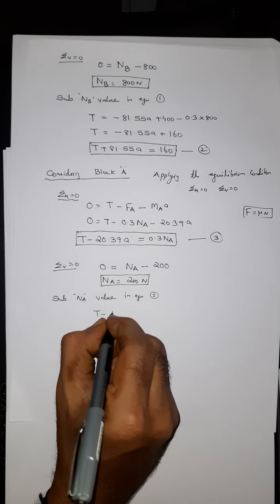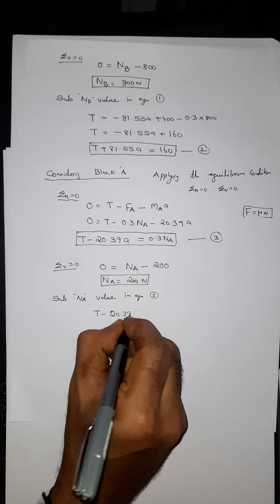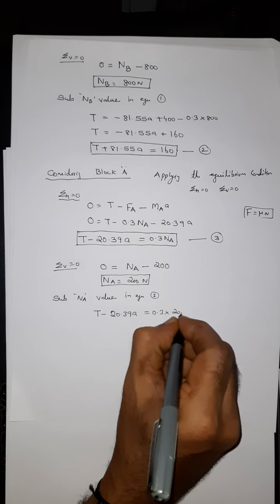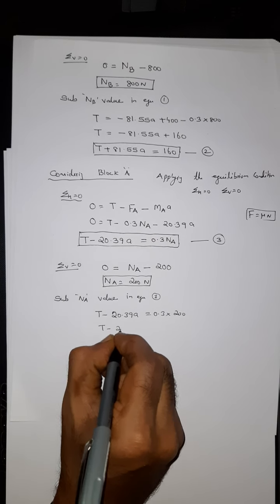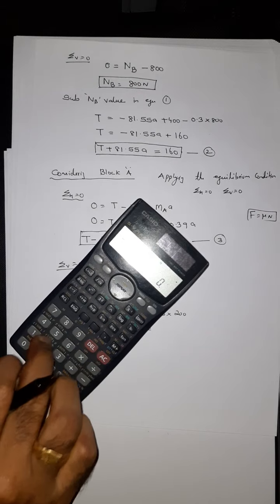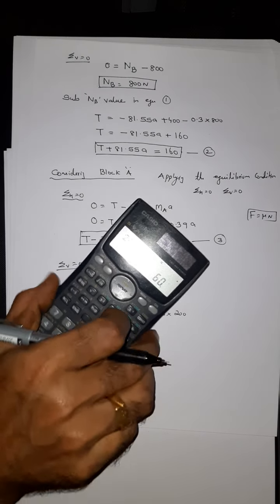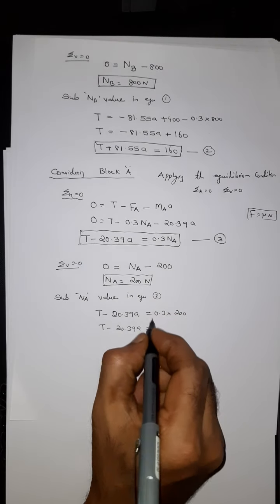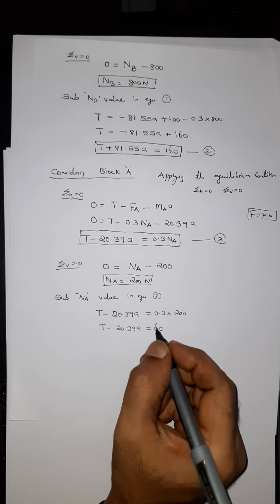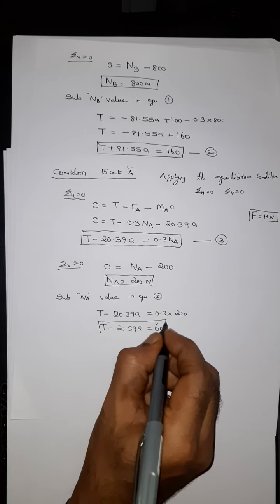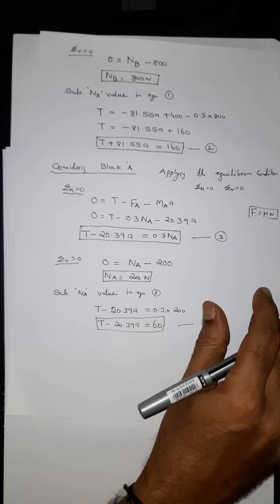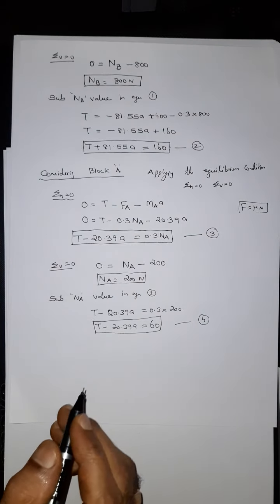So T minus 20.39 A equal to 0.3 into 200, which works out to 60. So this is equation number 4.